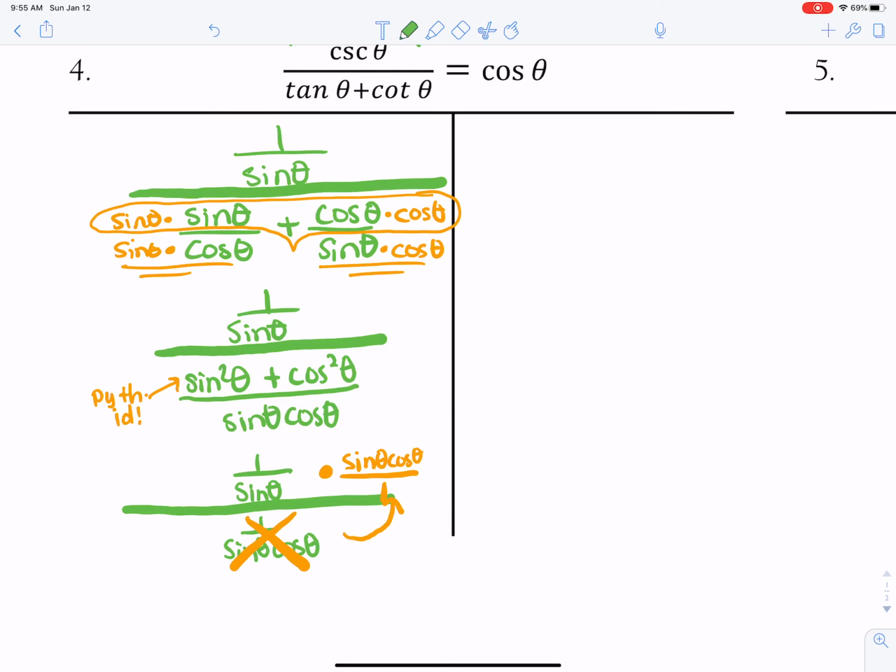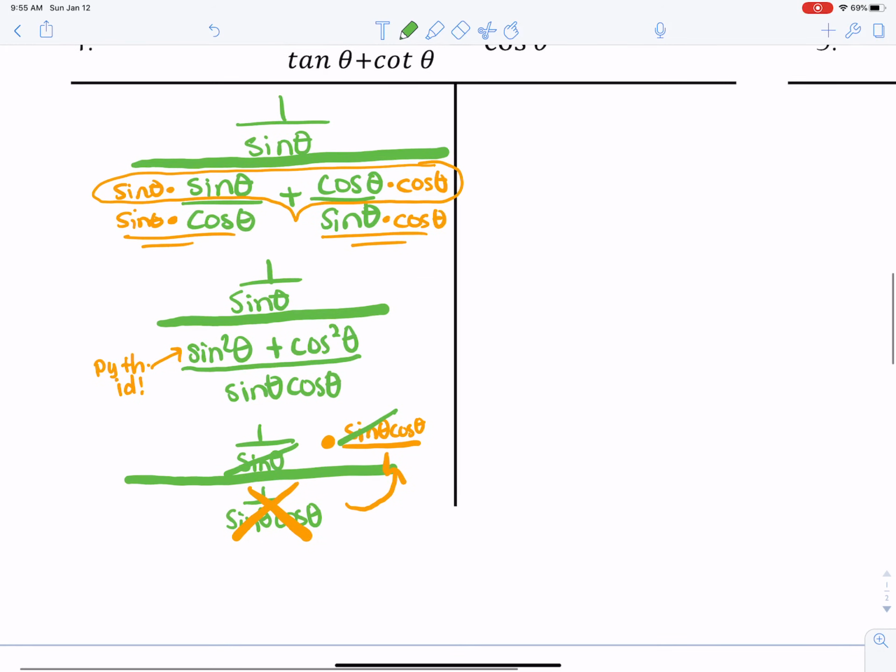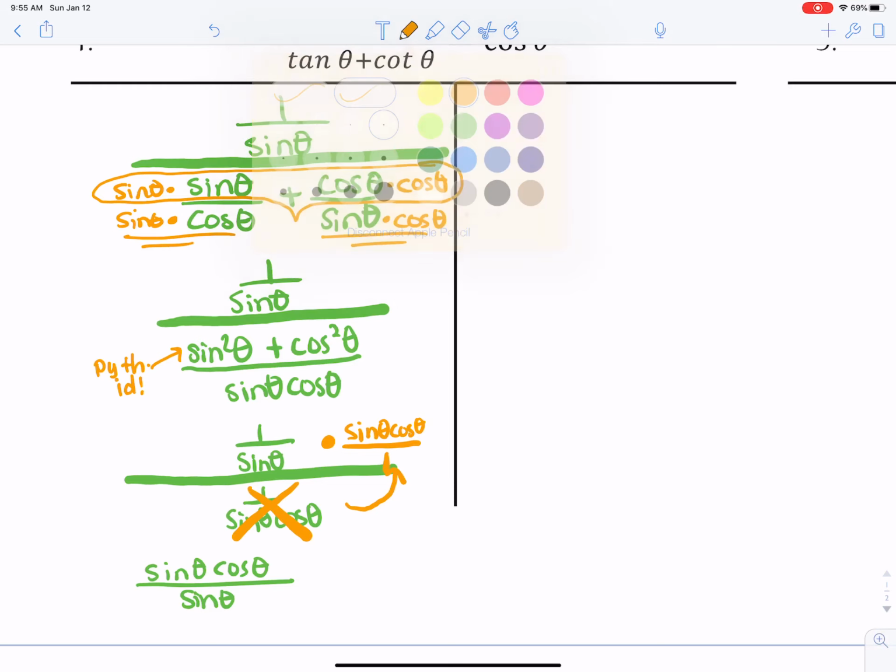So if I cross simplify just the top, sine theta and sine theta goes away. Or without cross simplifying, you can multiply straight across, sine theta cosine theta all over sine theta. And now you can cross simplify. Hopefully you can see it better in case you didn't see it before.